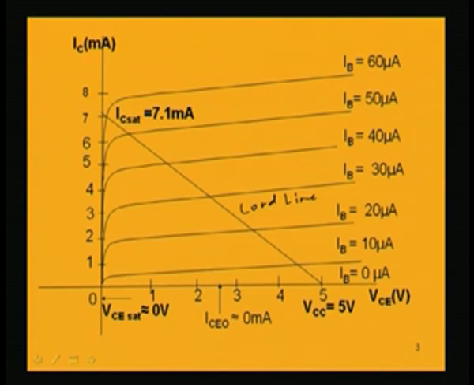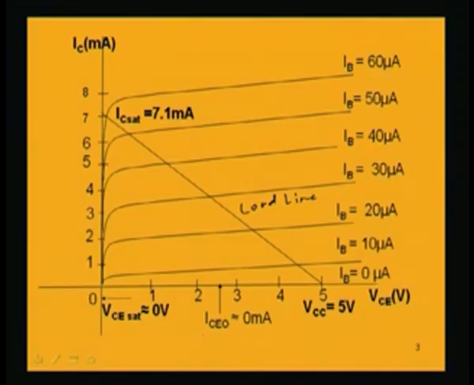Practically, the VCE saturation is the saturation value of the collector to emitter voltage, and that is around 0.1 or 0.2, a very small value. So, for simple analysis, we are assuming that VCE saturation is equal to 0 volt.